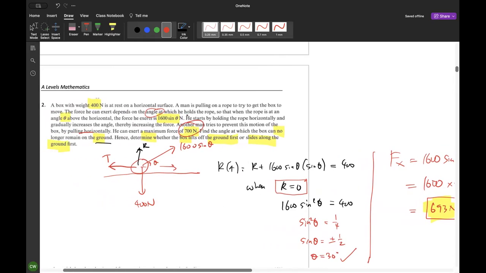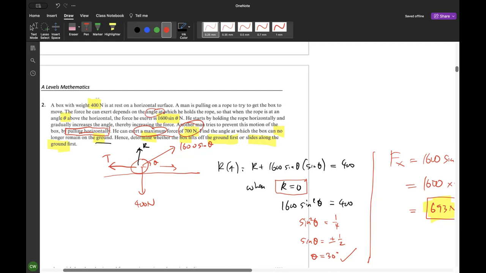To the right, another man tries to prevent it by pulling horizontally. He can exert 700, can exert the force.